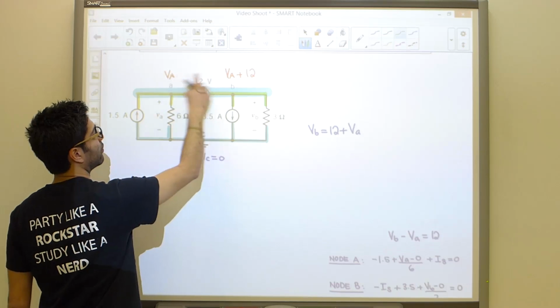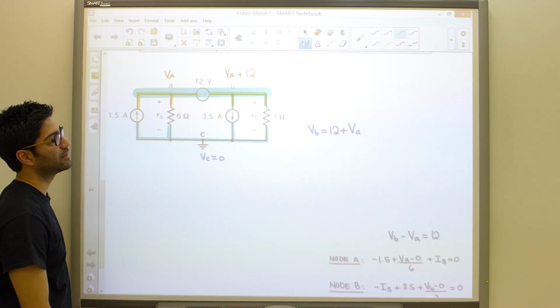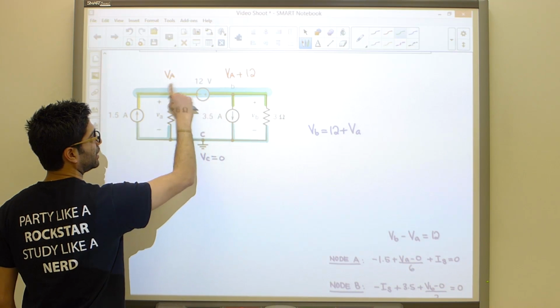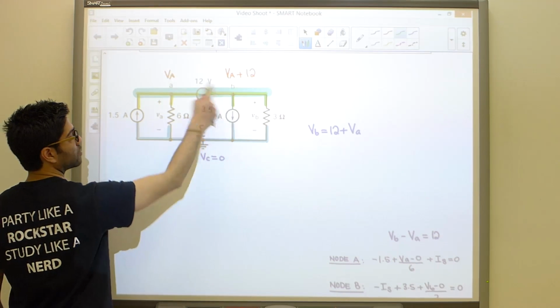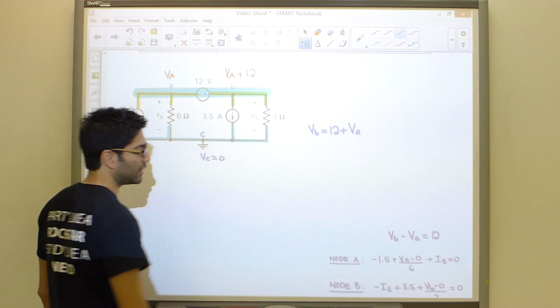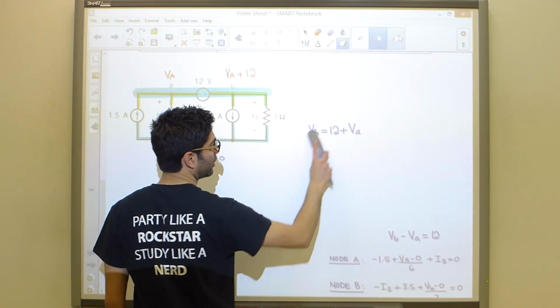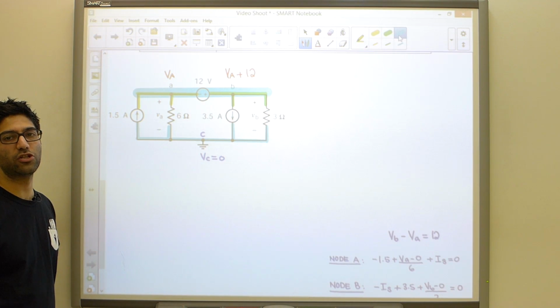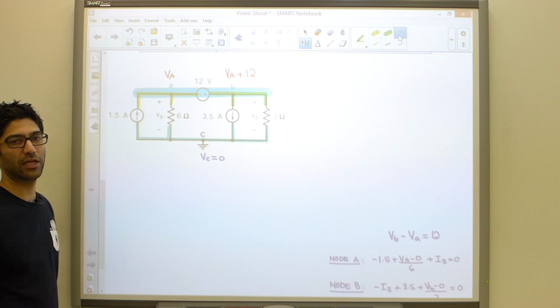If we write this node like that, using the relationship between VA and VB on either side, we know VB is 12 more than that, and I'm stating that. Then we can get the job done. Instead of having 3 equations and 3 unknowns, guys, watch what will happen. We'll have one equation and we'll get VA and VB just like that.